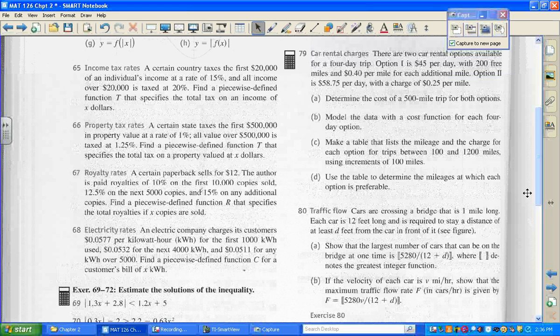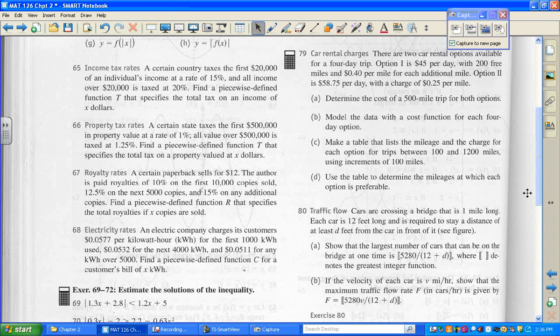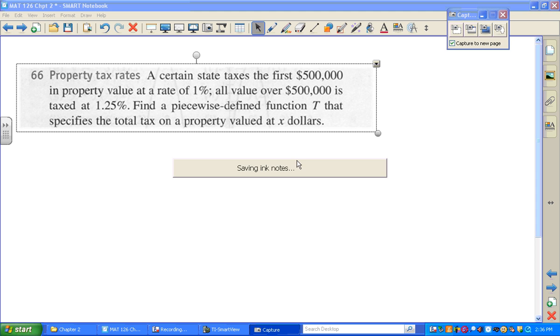Number 65. We know how to do like 65 and 66, don't we? Let's do 66. It's like one we did already, isn't it? It says find a piecewise function. You know what a piecewise function is?